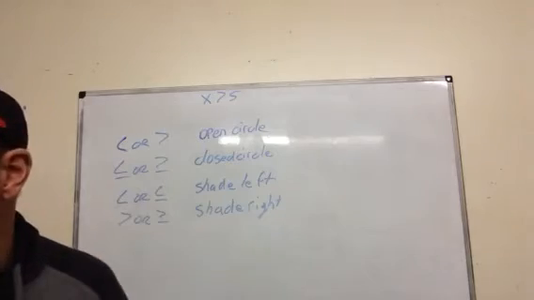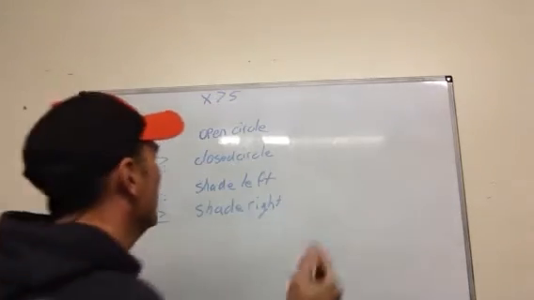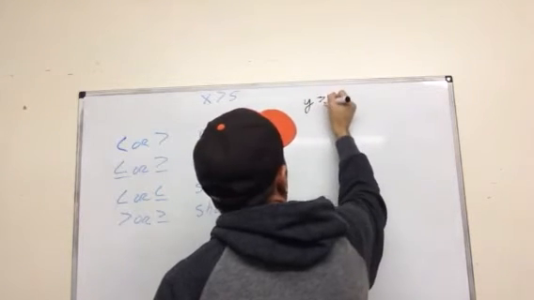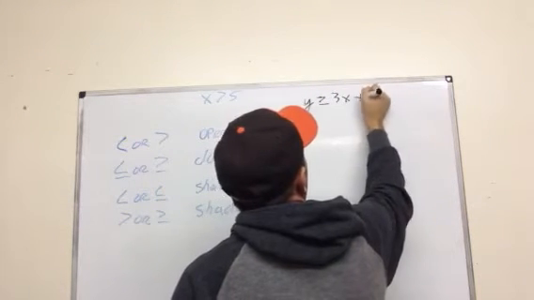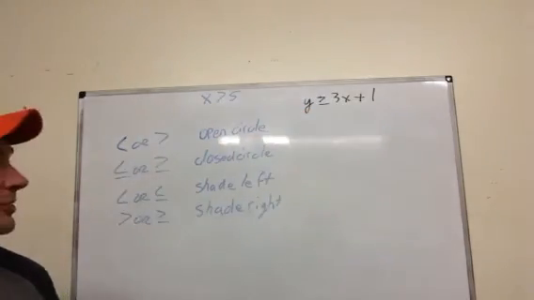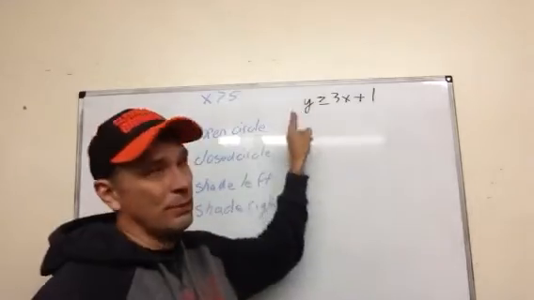Now what happens if it's in 2 dimensions? Something like the problems we were just doing, where it was y is greater than or equal to 3x plus 1. So this is 2 dimensions because it has 2 variables in it.